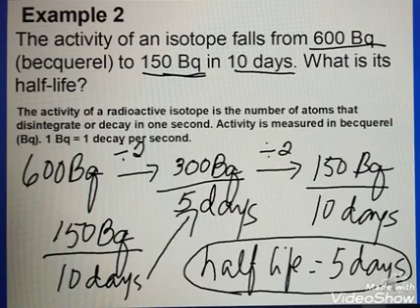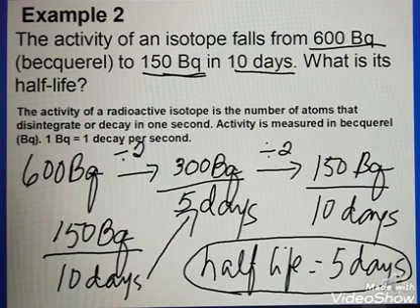Go back to the problem. 600 becquerel falls to 150 becquerel in 10 days. Look at the solution. If we start with 600 becquerel, it will fall to 300 becquerel.